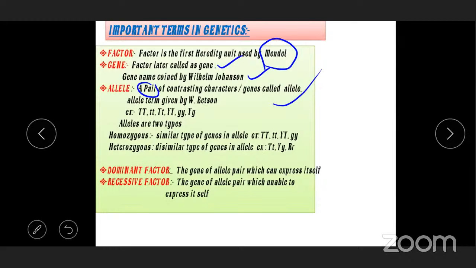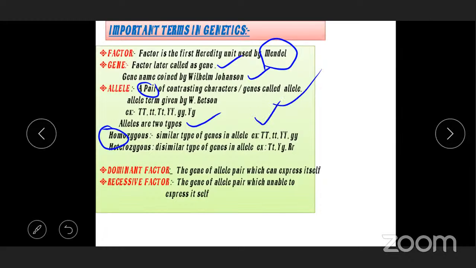Based on their properties, alleles are of two types: homozygous allele and heterozygous allele. What is a homozygous allele? A similar type of genes in an allele is known as homozygous. Homo means similar, so in a pair, similar genes are present.